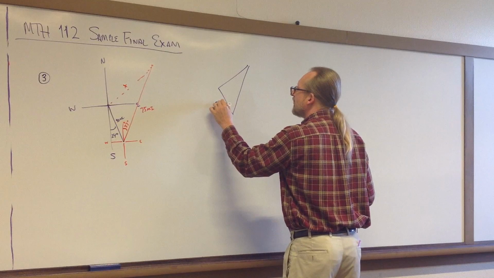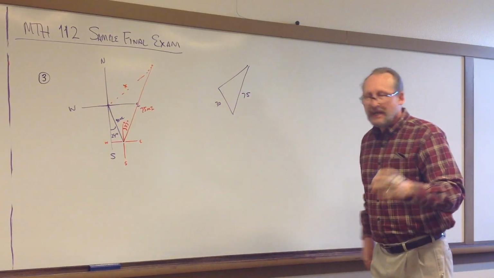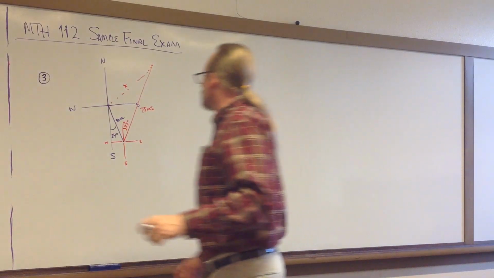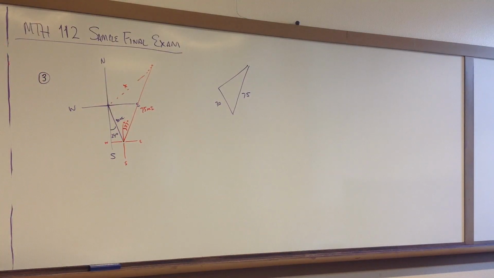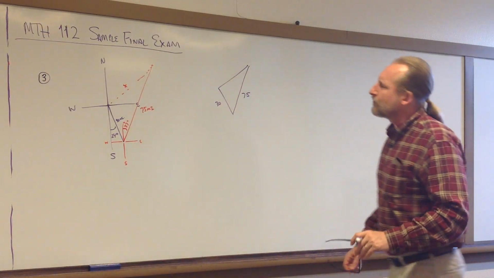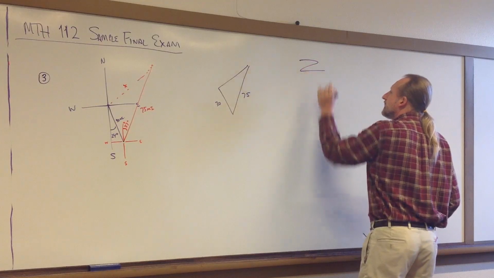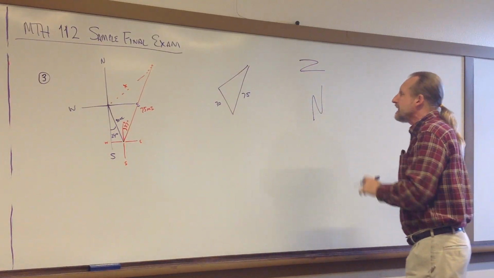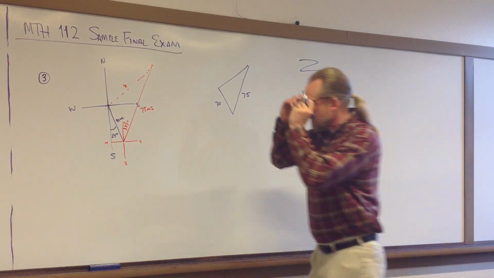We know this side is 30, this side is 75. Now we need to know some of the angles in here. We don't have a lot of information other than this angle and this angle, neither of which is a full angle in the triangle. Okay, so how can we get that? Well, you remember when I was talking about alternate interior angles, I talked about the importance of recognizing that Z, because here it is right here.